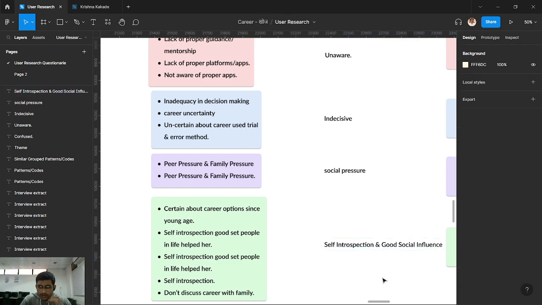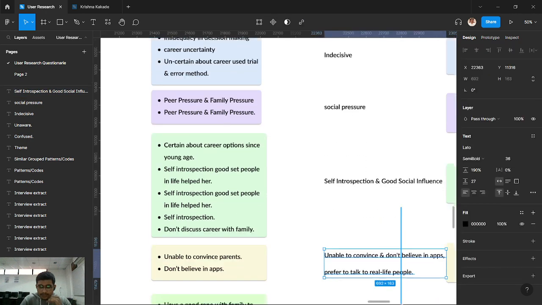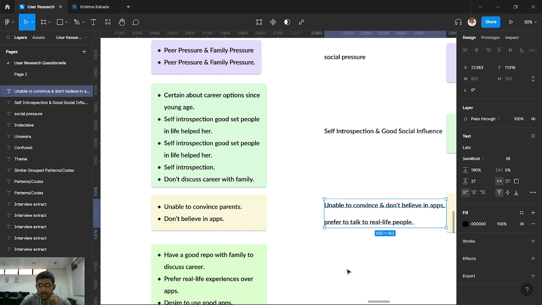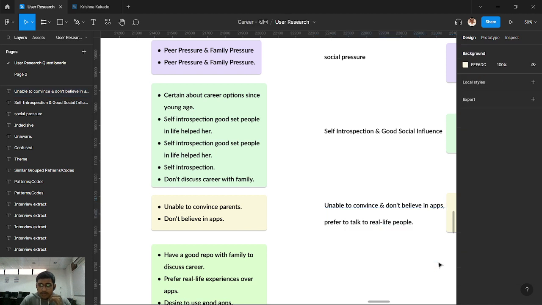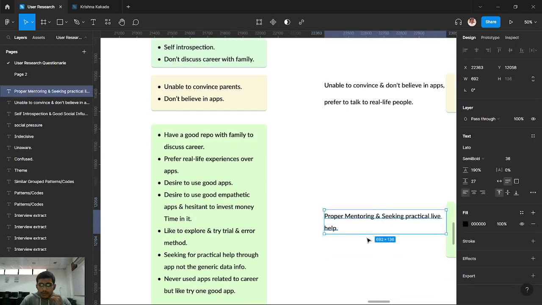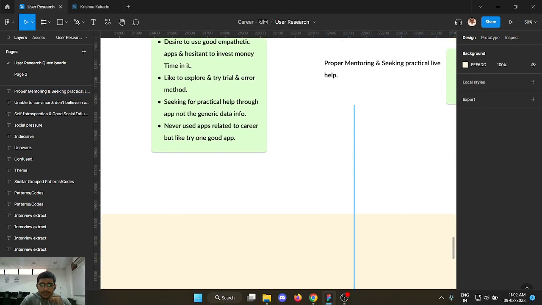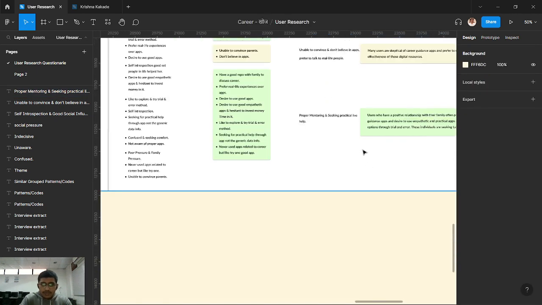Then self introspection and good social influence. Unable to convince parents and don't believe in apps. Prefer to talk to real life people. Proper mentoring and seeking practical live help. So that's the themes we generated on the basis of that data.